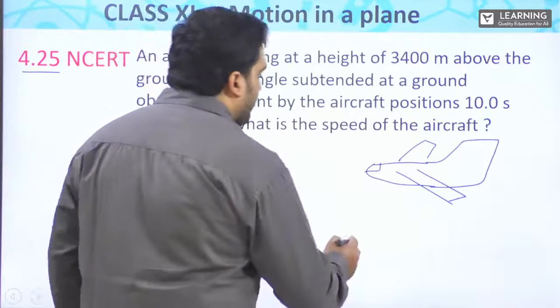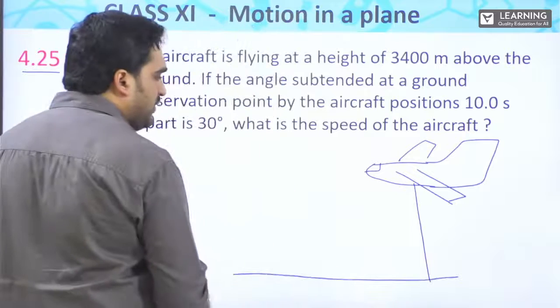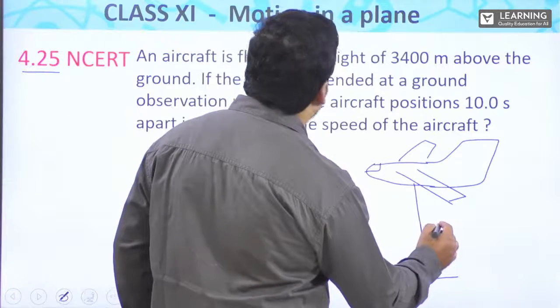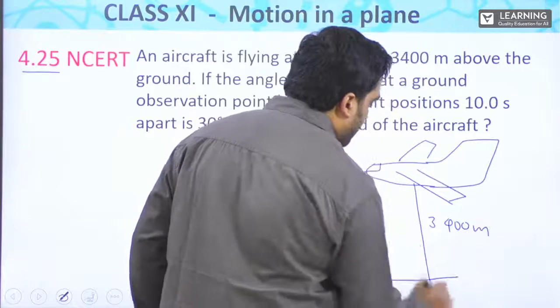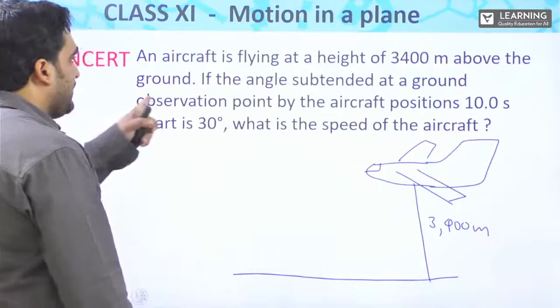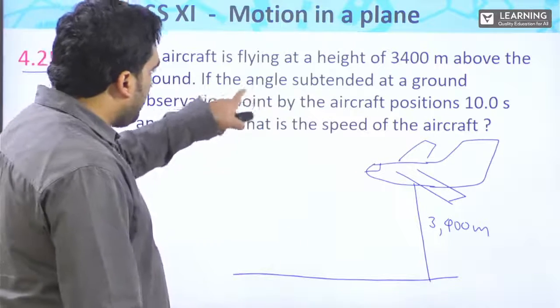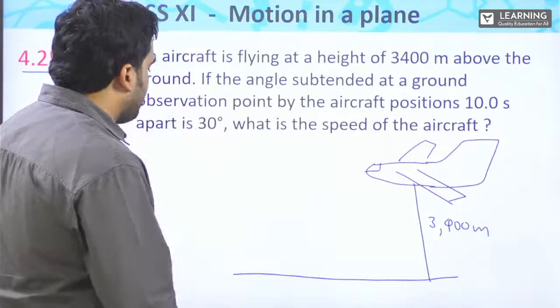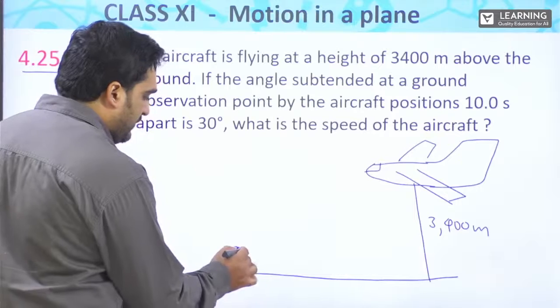So the height of this aircraft from the ground is 3,400 meters. And then it subtends an angle. If an angle is subtended at the ground observation point, someone here makes an observation of the aircraft.